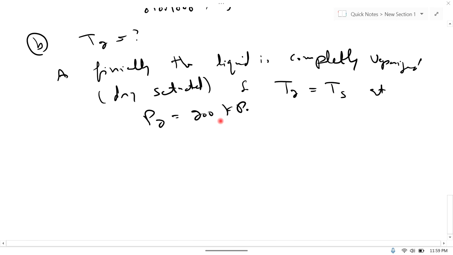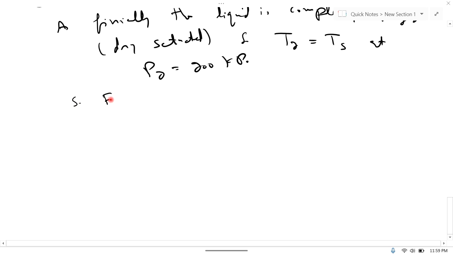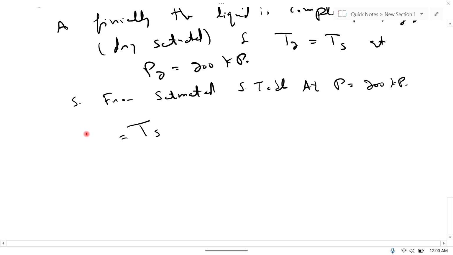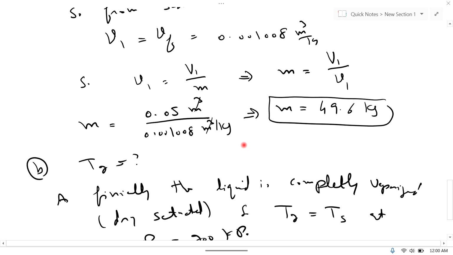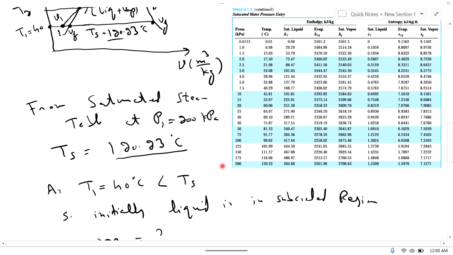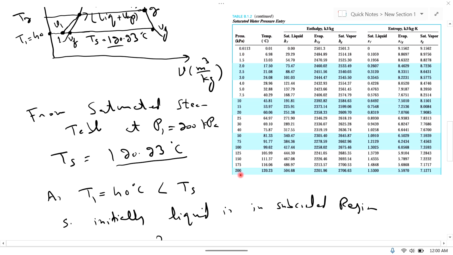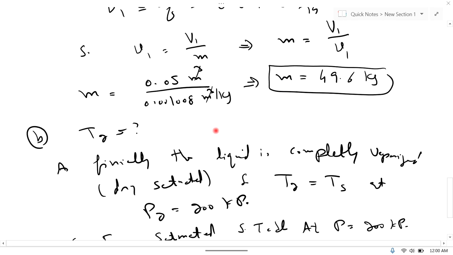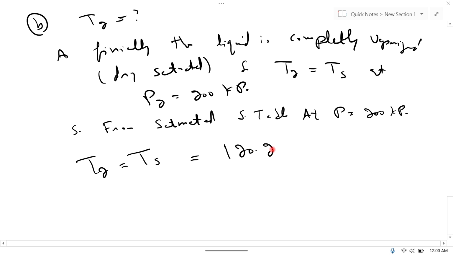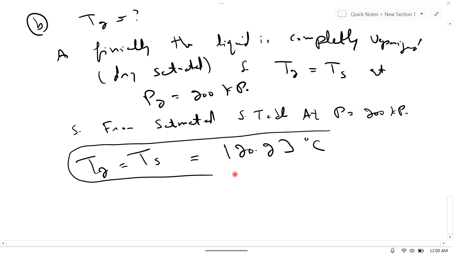So from the saturated steam table at pressure equal to 200 kilopascal, saturation temperature T2 is equal to, this is pressure and this is 200 kilopascal. At this point saturation temperature is 120.23 degrees centigrade. This is the answer of part B.